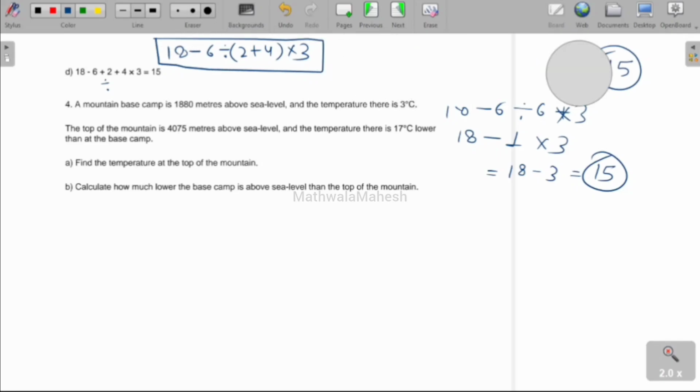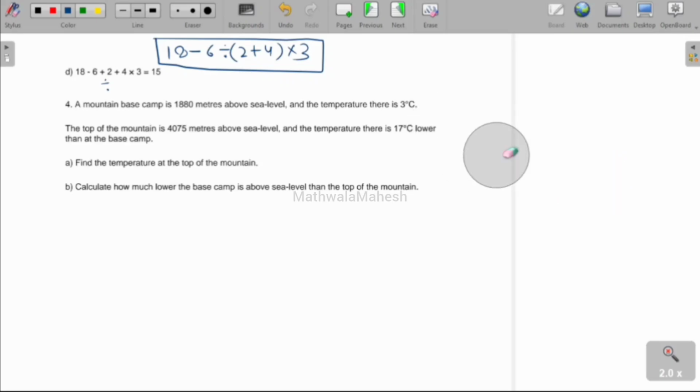Okay. Now fourth one. A mountain base camp is 1880 meters above sea level and the temperature there is 3 degrees Celsius. The top of the mountain is 4075 meters above sea level and the temperature there is 17 degrees Celsius lower than the base camp.